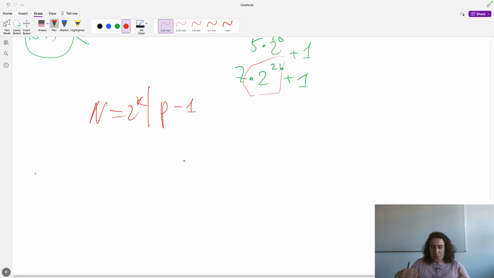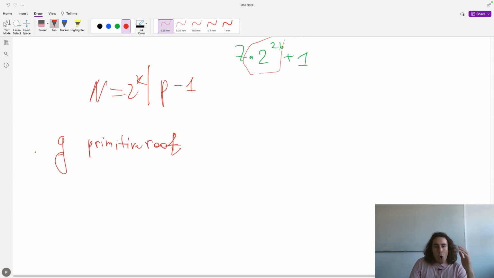An interesting fact about prime numbers is that for every prime number, there exists something that is called a primitive root. What does it mean? It means that all values except for 0, so all values from 1 to p minus 1, can be expressed as a power of g.